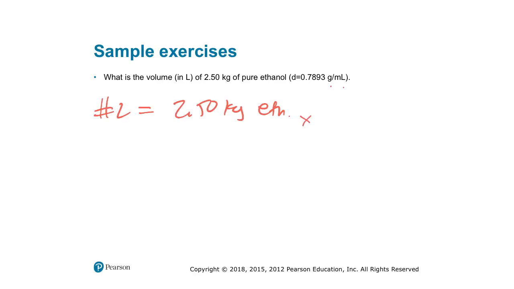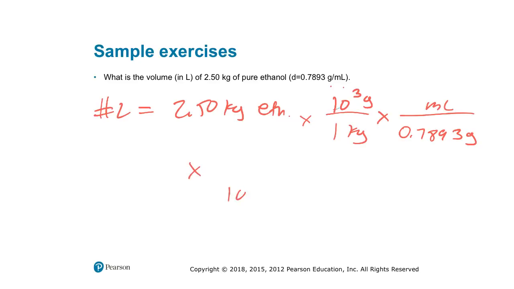So what I'm going to do is convert to grams. 1 kilogram is 1,000 grams. Now we see our density is 0.7893 grams per milliliter, and then 1,000 milliliters is 1 liter. Okay, so I'll leave the calculation for later, but that's how we would set up this particular problem.